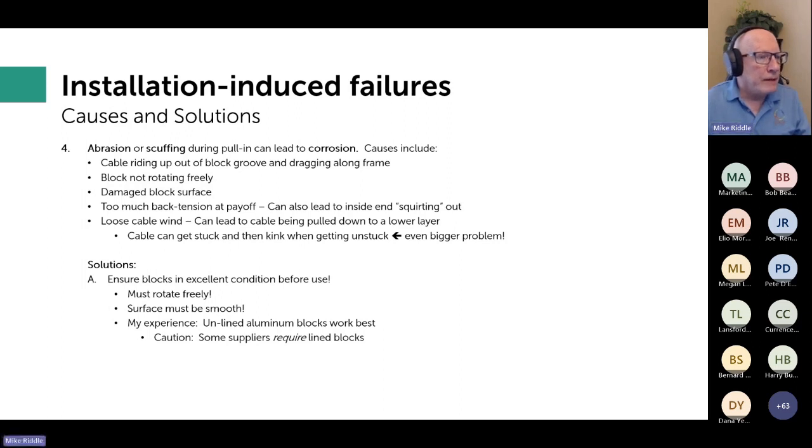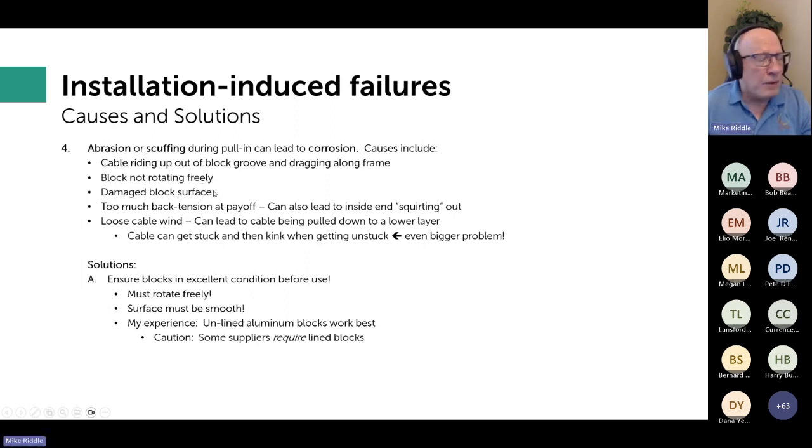And if the bearings are old or maybe not properly lubricated, that further increases that. And you can get to a situation where you're dragging the cable across the surface of a block. And then you're likely to damage the cable and have the potential for corrosion problems.